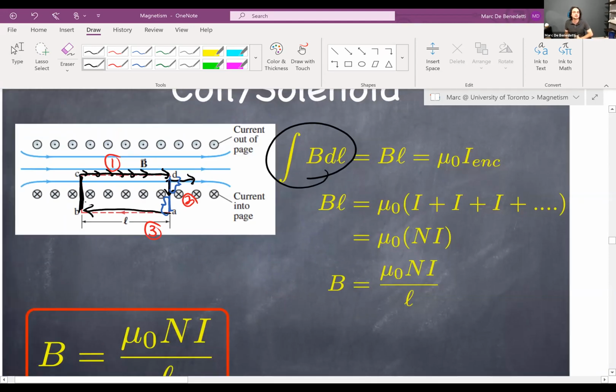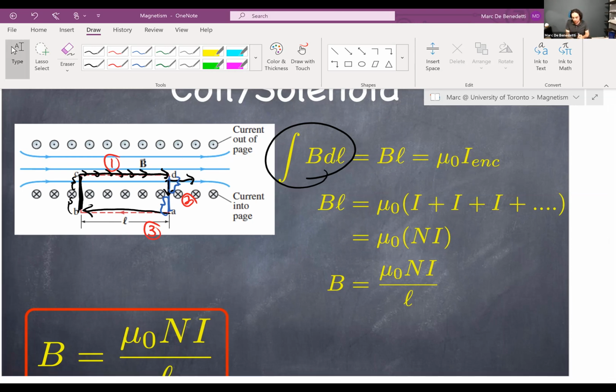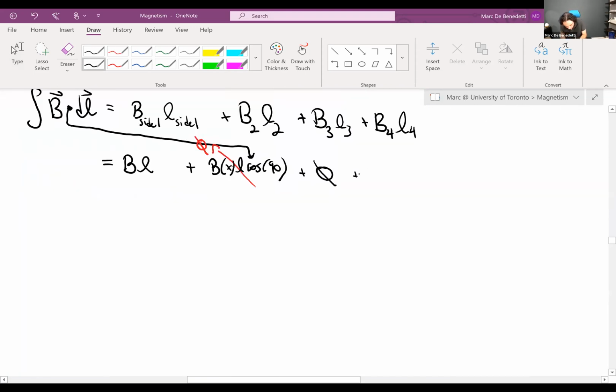The fourth part is going to have both the same problem and the same solution as the second part. Part of it will be exposed to the B field, part of it will not be exposed to the B field. However, that's not a problem because the theta value will be 90. So the fourth one will be B4 L cos of 90, and that simply will have a 0 contribution.